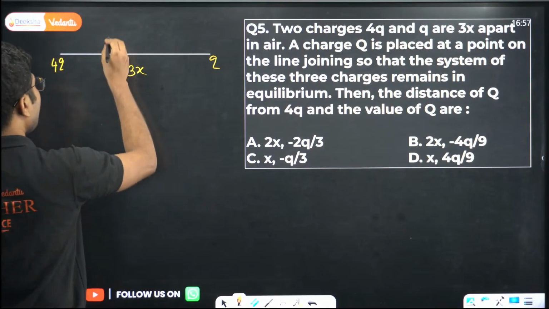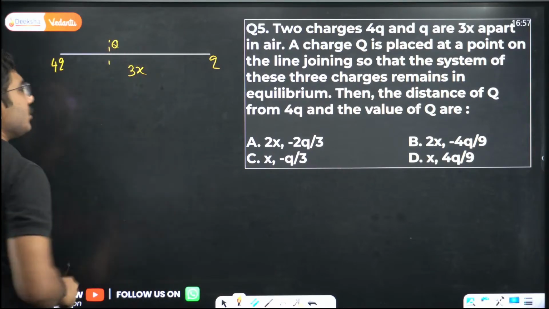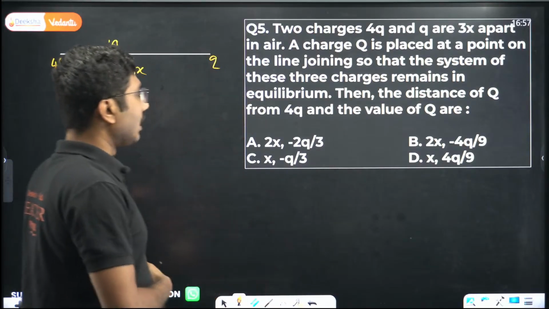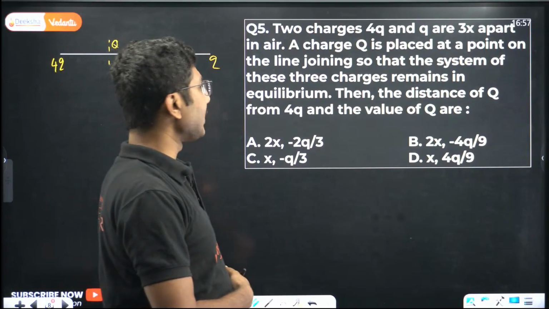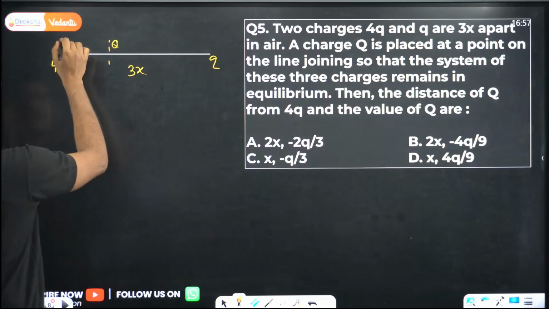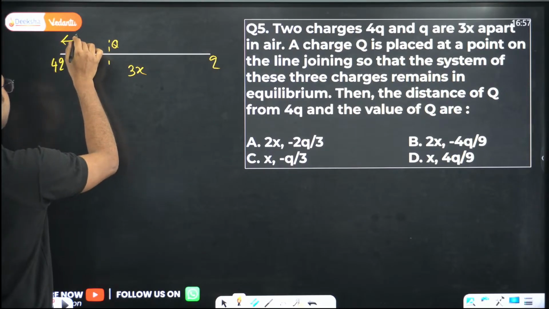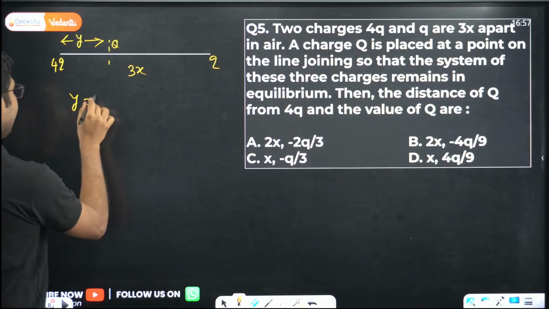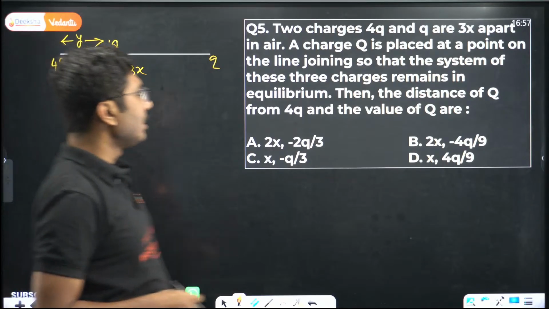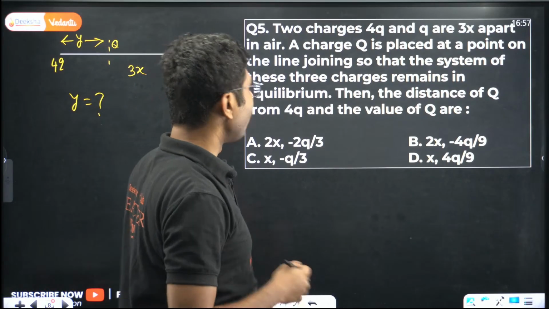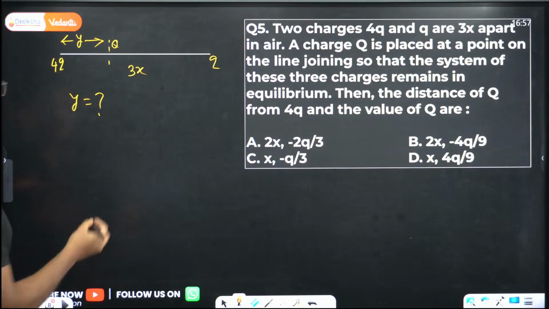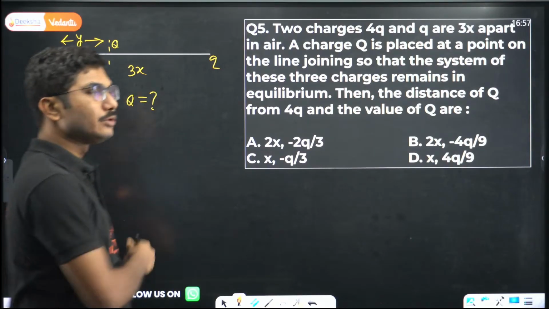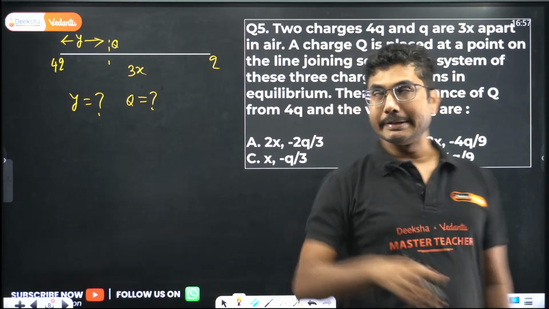Somewhere here we placed a third charge capital Q. Then the distance of capital Q from 4q, so say this distance is y. What is the value of y and the value of Q? These two we have to find out from this information.